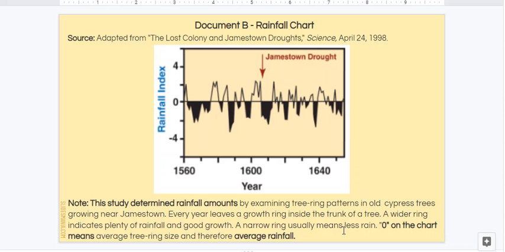A narrow ring usually means less rain. 0 on the chart means average tree ring size and therefore average rainfall. So 0 right here in the middle is the average. So you can see some goes above, some goes under.